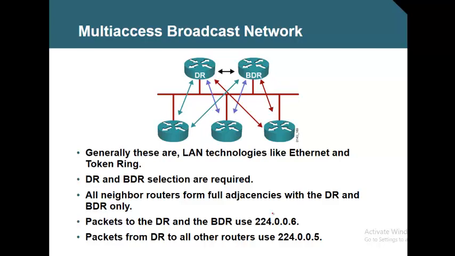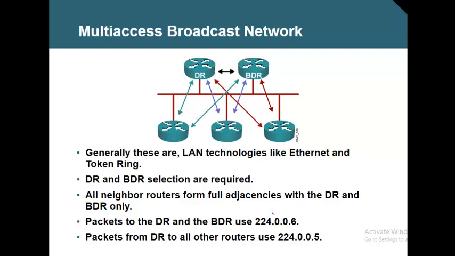Full adjacency. Now packets to DR and BDR is 224.0.0.6. Packets from DR to other routers is 5. Are you clear with these last 2 points, which we also discussed in the previous class? Yes, I'm clear. I do understand.